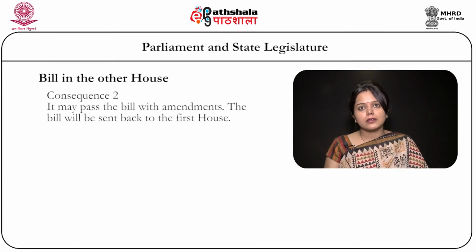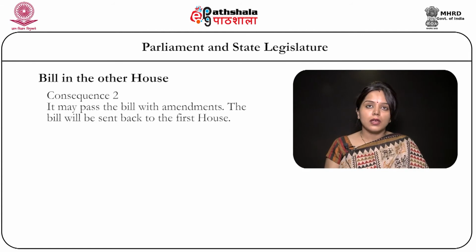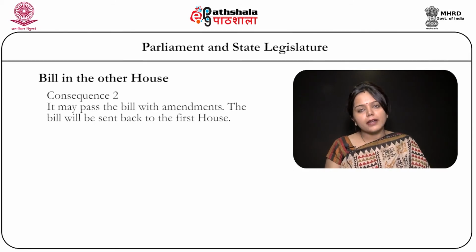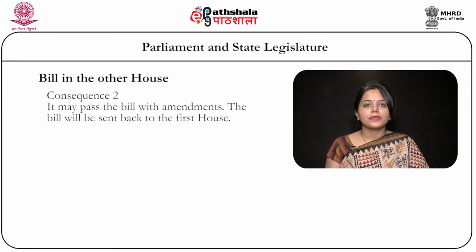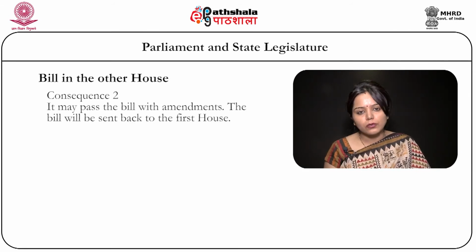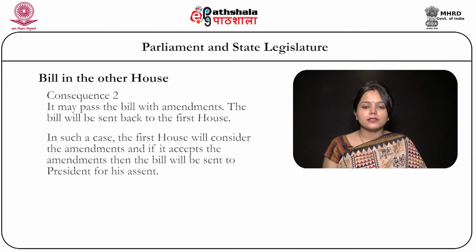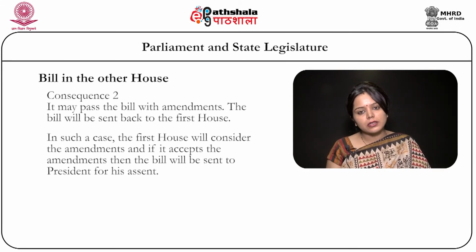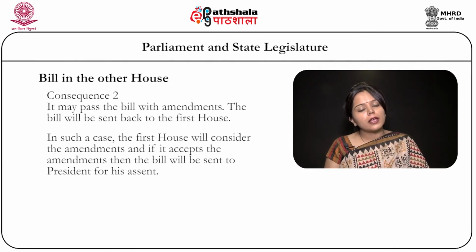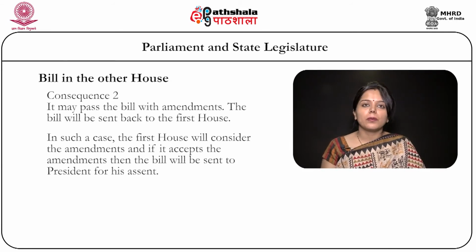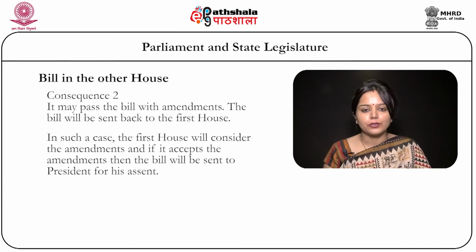The next is the second consequence: it may pass the bill but with a few amendments, and if amendments are suggested by the other house, then the bill will be sent back to the first house. In such a case the first house will consider the amendments, and if it accepts them, then the bill will be sent to the president for his assent.